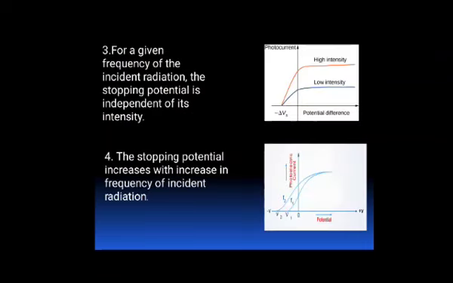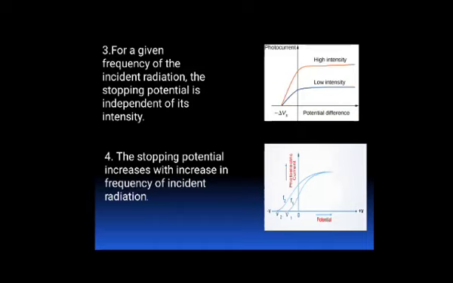Here you are observing two more graphs. In the third graph, for a given frequency of incident radiation, the photoelectric current increases up to a certain applied voltage and remains constant, that is saturation current.